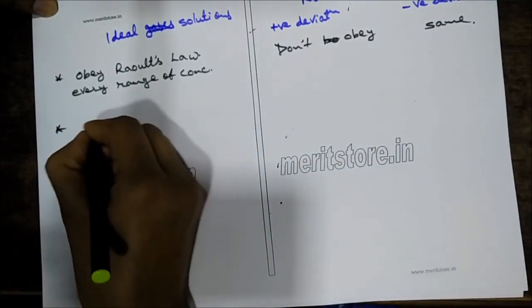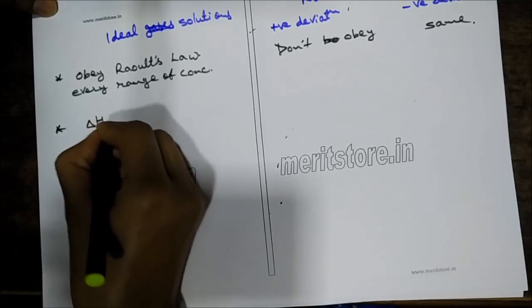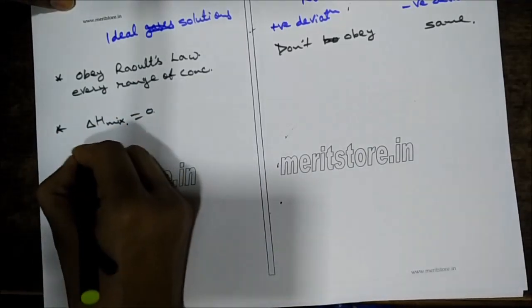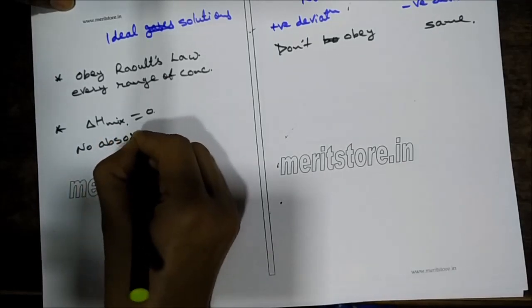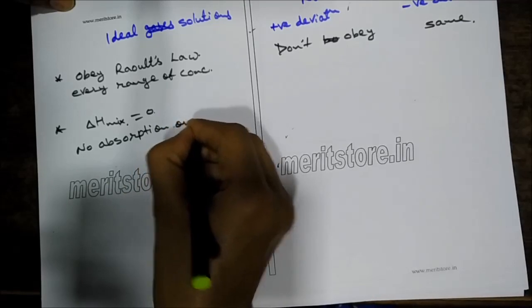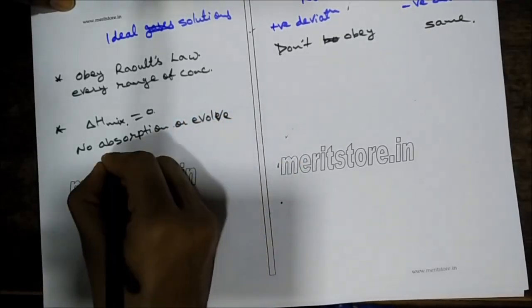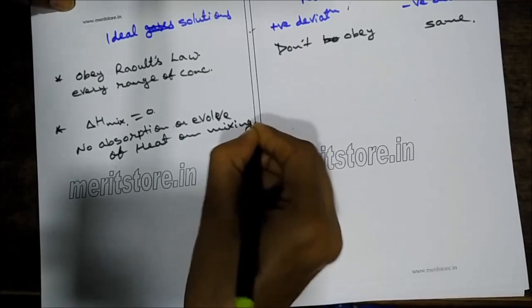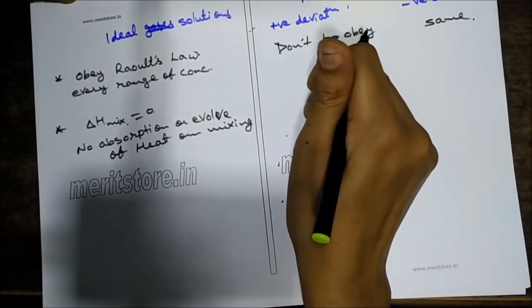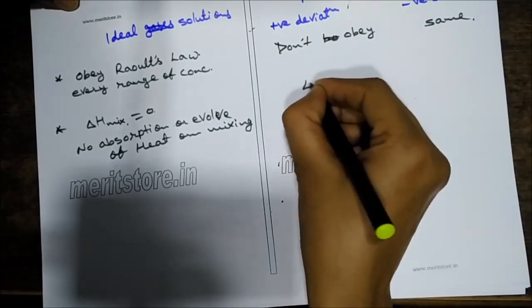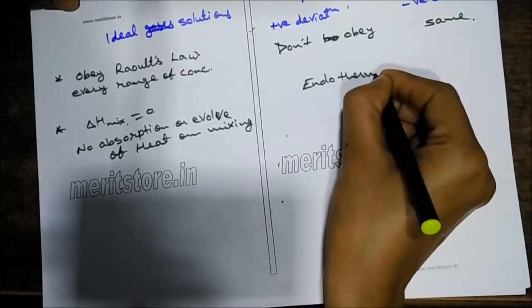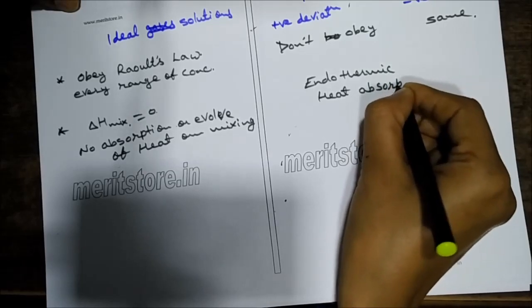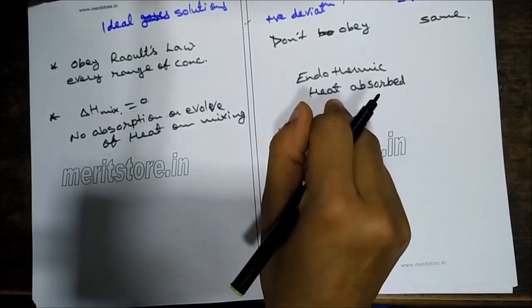The next is the enthalpy of mixing of solutions is 0, means no absorption or evolution of heat on mixing, while solutions having positive deviation will be an endothermic process, means heat will be absorbed, or we can see the cooling effect after mixing.